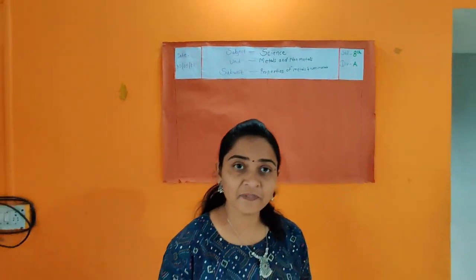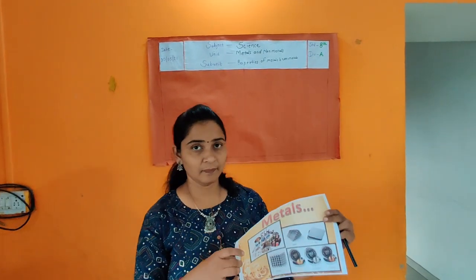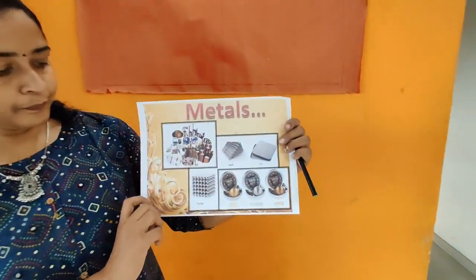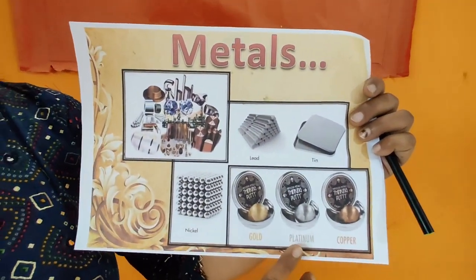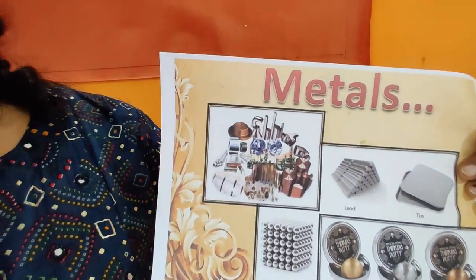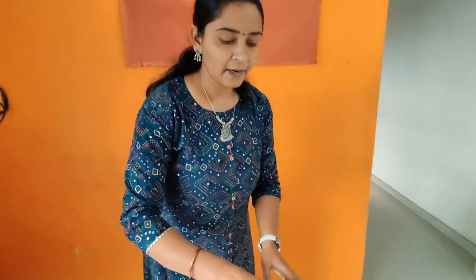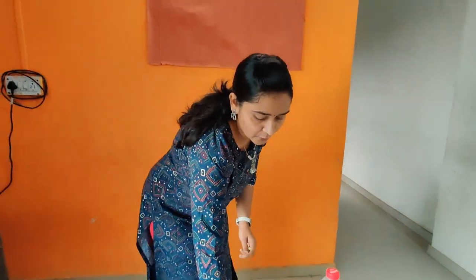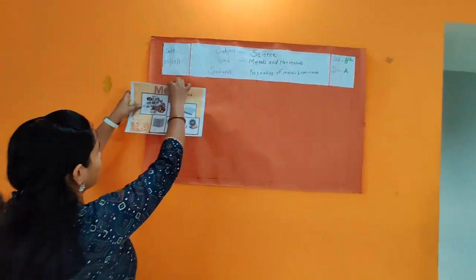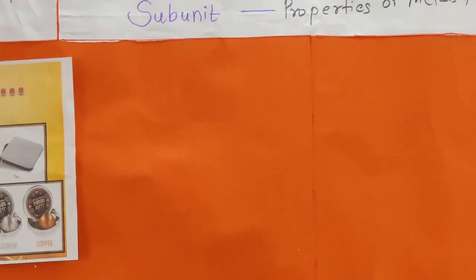So, let's see first what the metals are. Metals are gold, platinum, copper, lead, tin, nickel. Some examples: silver, gold. And what are the non-metals?